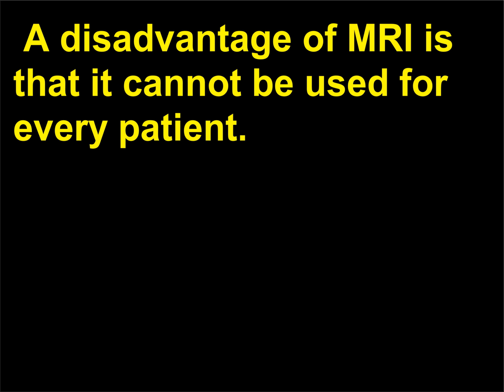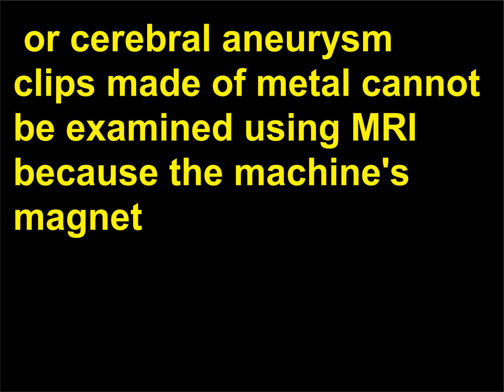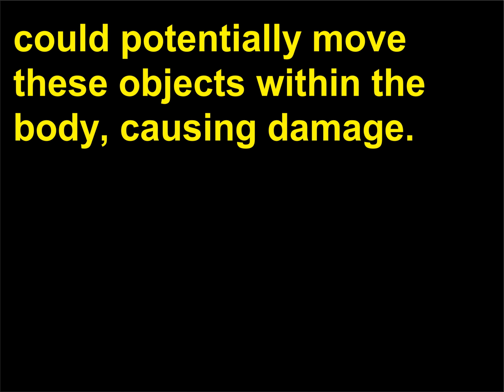A disadvantage of MRI is that it cannot be used for every patient. For example, patients with implants, pacemakers, or cerebral aneurysm clips made of metal cannot be examined using MRI because the machine's magnet could potentially move these objects within the body, causing damage.